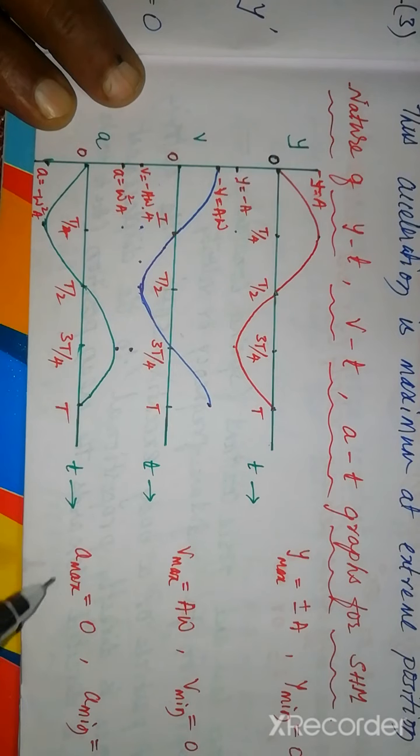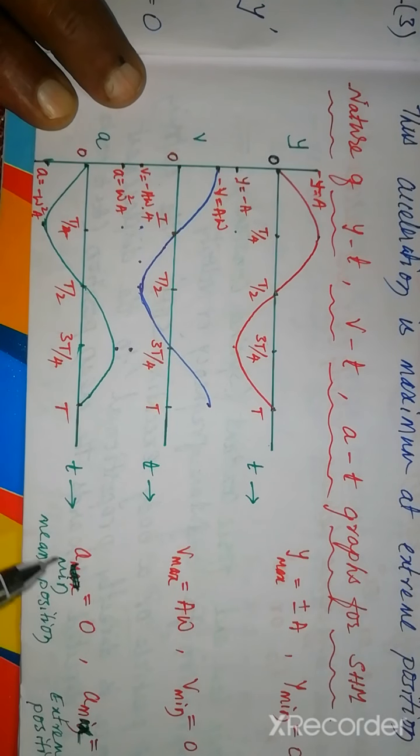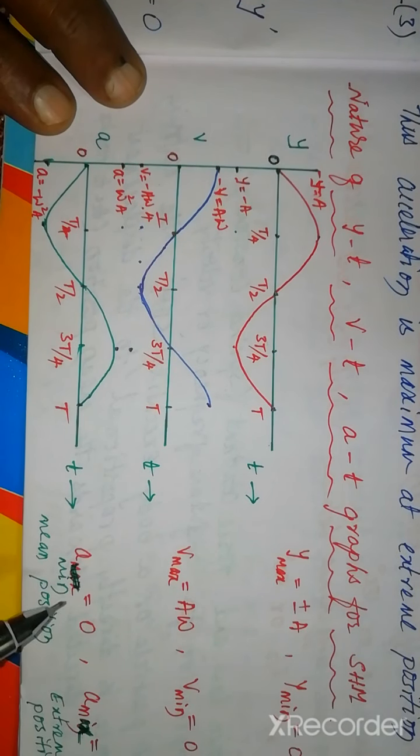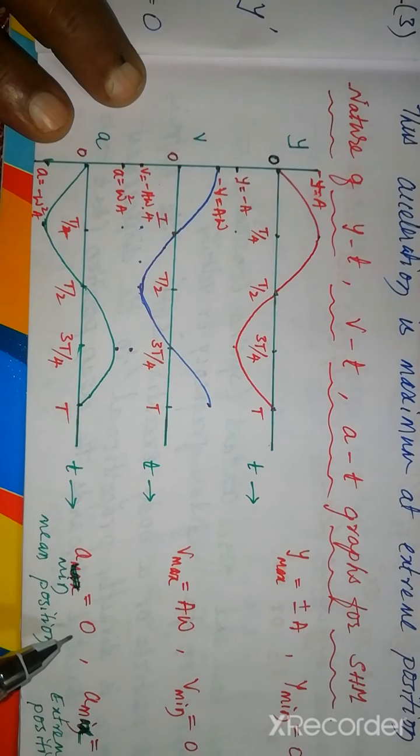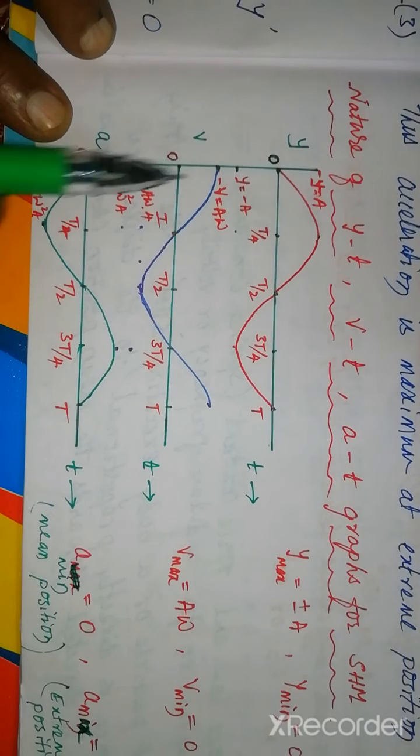Here I have made a small correction. Acceleration is 0 at the mean position and maximum at the extreme position. So a minimum is 0, that is at the mean position, and acceleration is maximum at the extreme position. The phase difference between displacement and acceleration is 180 degrees or pi.